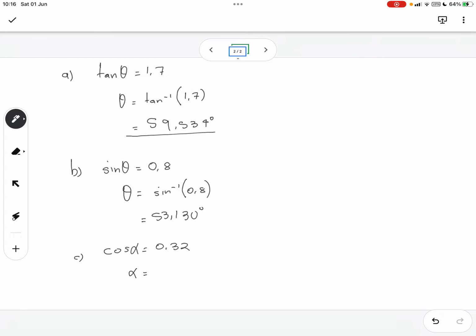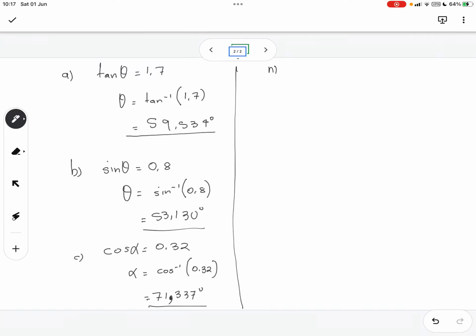We make alpha the subject of the formula by taking the arc of the trigonometric ratio for the number 0.32. And that gives us 0.32 arc cos, 71.337 degrees. So far, easy peasy, yes?